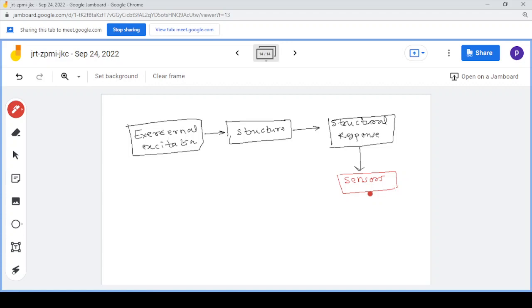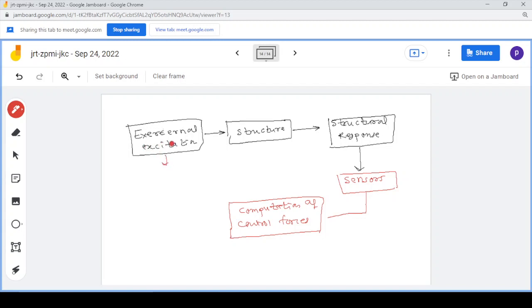Now once this sensor response is sensed, what we need to find out? We need to find out what is the computation of the forces. Okay, because these sensors are giving some output, we need to convert that output into the desired nature.